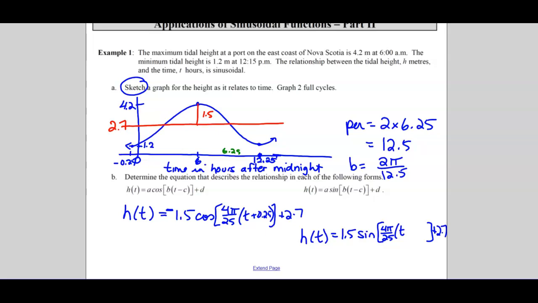Now we have to think a little bit. So here's the translation for sine. I want to go to this point. So think about what that point is. You might think, oh, it's 3. It's not 3. Remember, from here to here is 6.25. So half of that is this, and half of that is this. So half of 6.25 is what, 3.125?